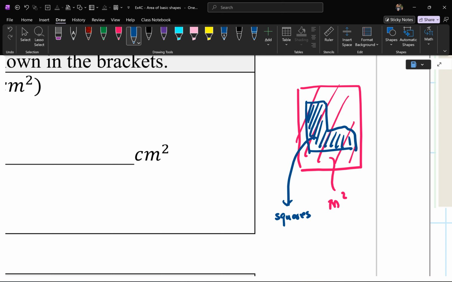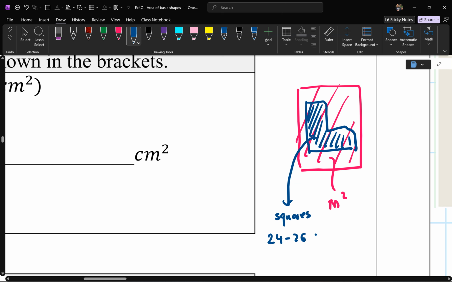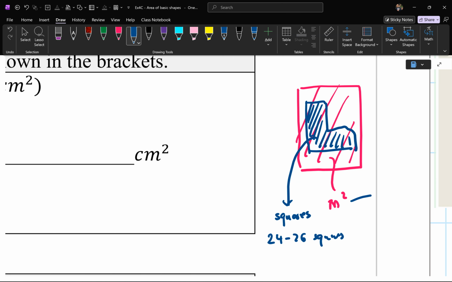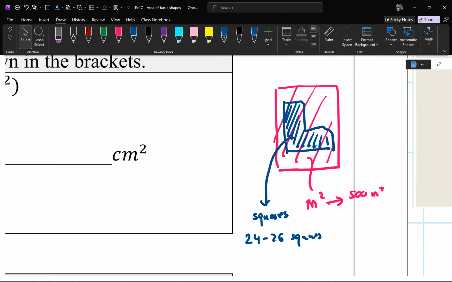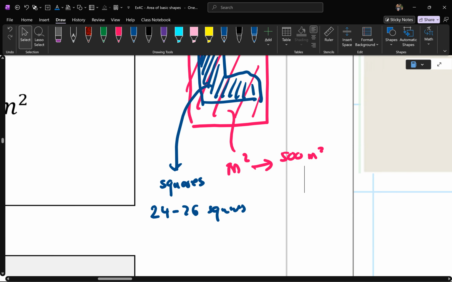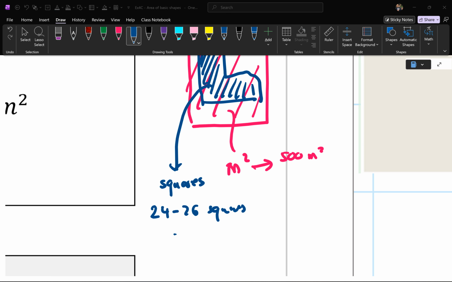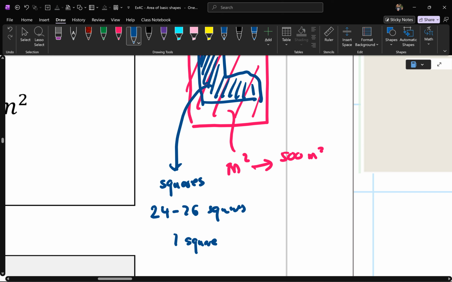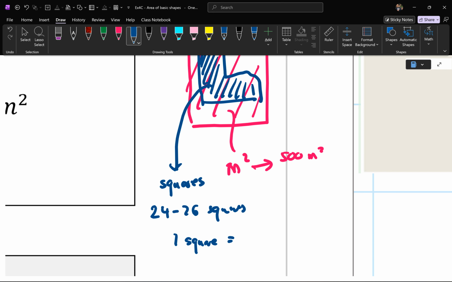The average house has about 24 to 26 squares. But the average land size is about 500 square meters, possibly 600. But 500 is a relatively decent home. So what's the difference between the two? Why do they measure in squares? Because it's easier to count in this way. When you say 1 square, which is what they sell when you look at realestate.com and they draw the house plans, 1 square is equal to 9 square meters.